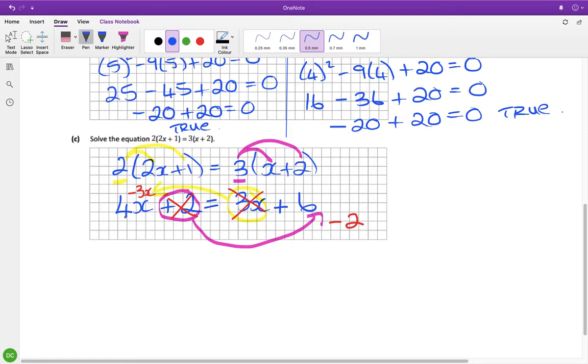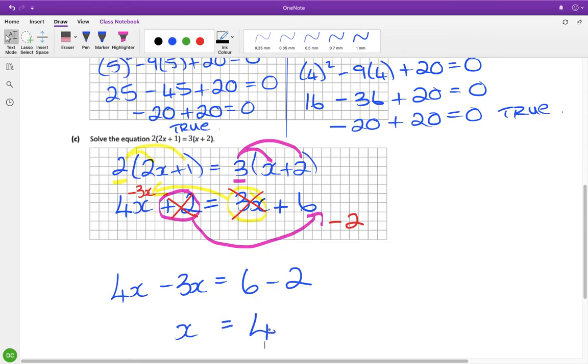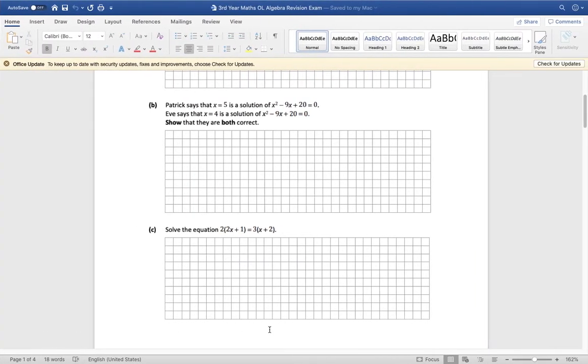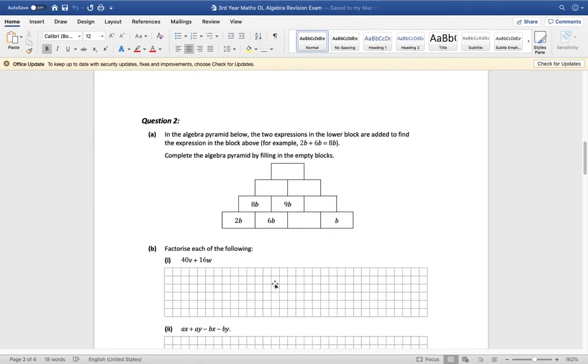So I'll write out what I have. So I have 4x and minus 3x on the left side of the equals, and then on the right side of the equals I have 6 and minus 2. So 4x minus 3x is x, or 1x, and 6 minus 2 is 4. And that's that. And that's question 1.